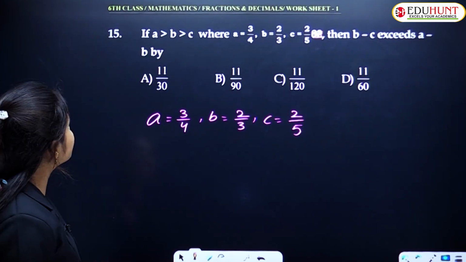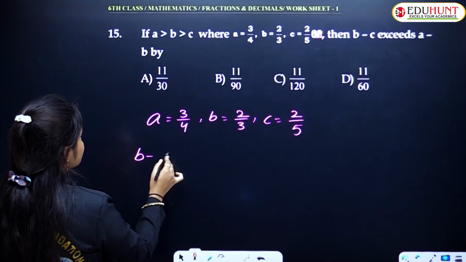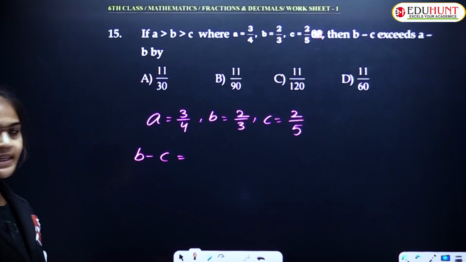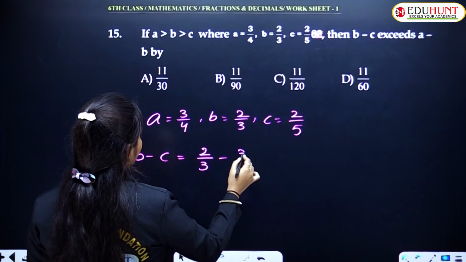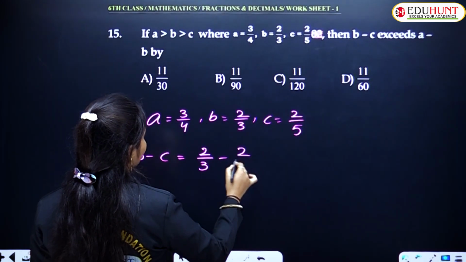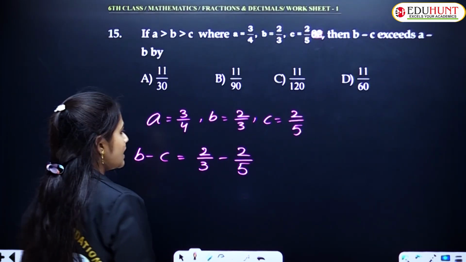So this is the question. Okay, how many grams of oxygen are present if there are 12 into 10 power 22 atoms of oxygen?